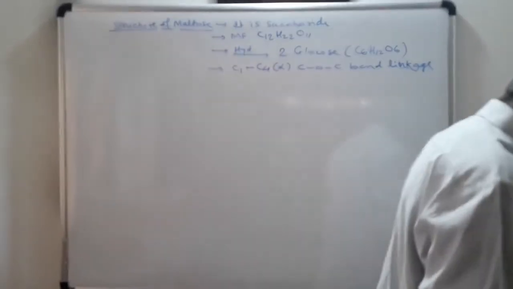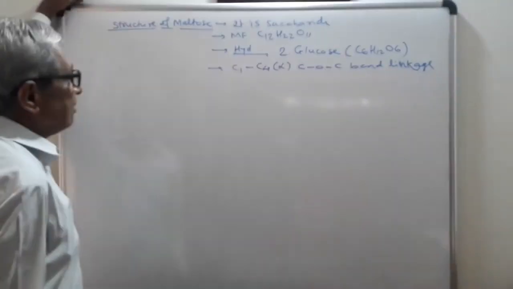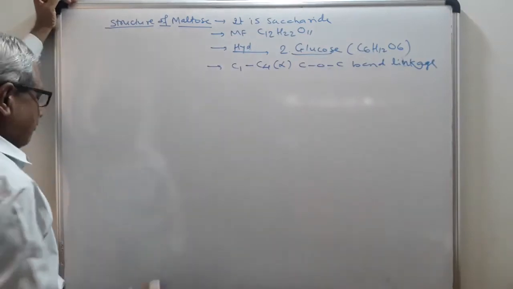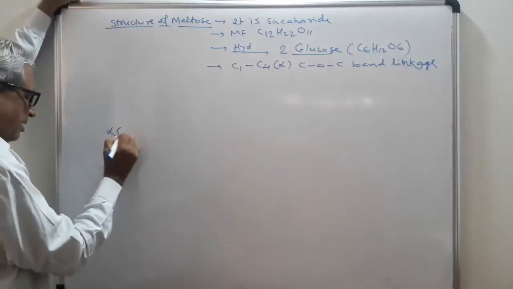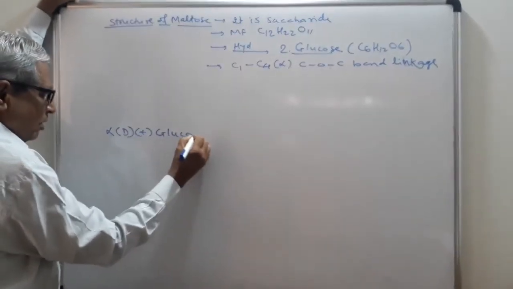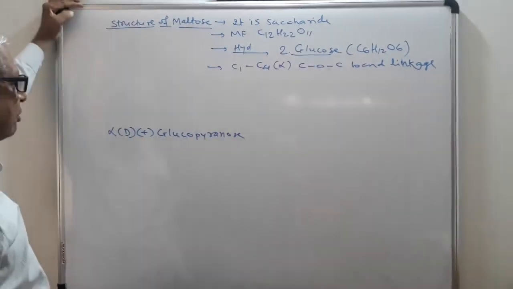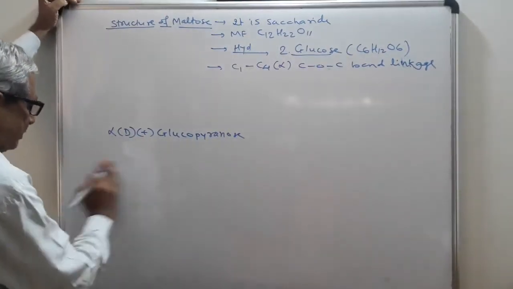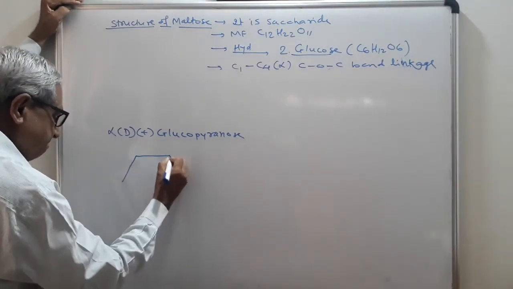So these are the important points here. Now see the structure. It gives 2 molecules of glucose. So first draw the structure of alpha D plus glucopyranose. You have to draw 2 molecules here, alpha D glucopyranose. First draw the 6-member ring.